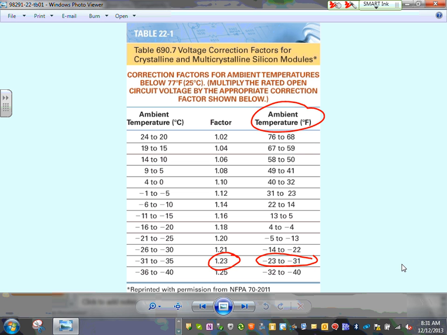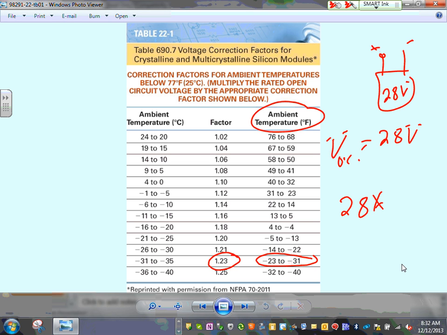So Adam, if the open voltage for a panel, here's a panel, my open voltage, positive to negative, is 28 volt, okay? Because we put it in Minnesota, the voltage is going to be 28 times 1.2. Can somebody do that, please, for me? 28 times 1.2. How much? 34.4 volt.